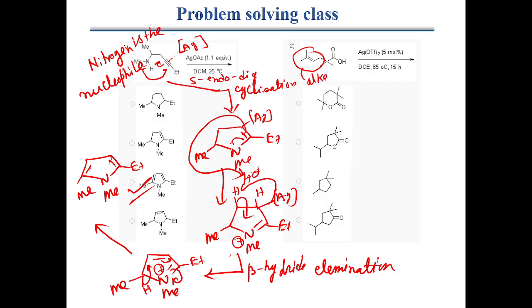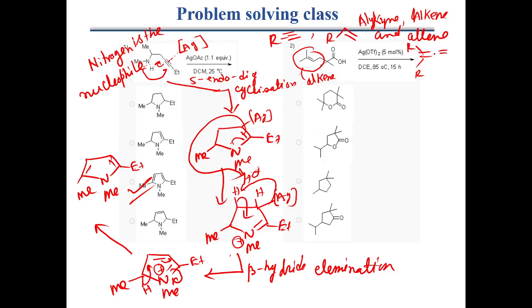So both alkene and allene can be activated by silver. So alkyne is this one, alkene is this one, and allene is this one.